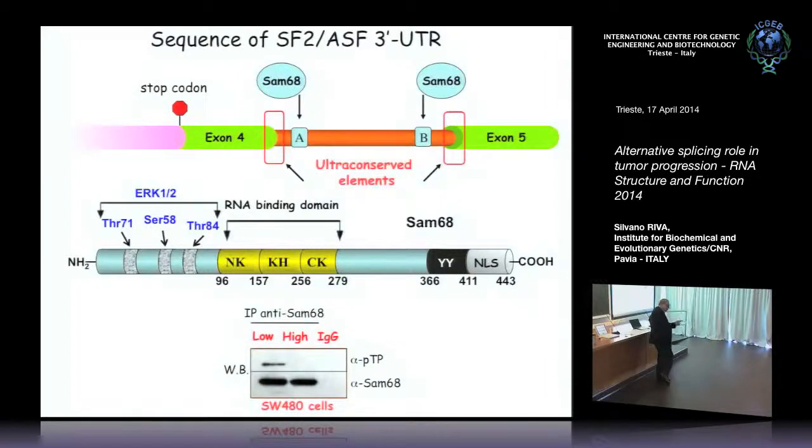It does not belong to the category of the SR proteins, but it is an RNA binding protein. This is its structure. It has 3 binding domains, which are not the same as the RRM that we've already seen. But most important is the target of the ERK kinase. So these are the amino acids threonine, serine, threonine that are phosphorylated.